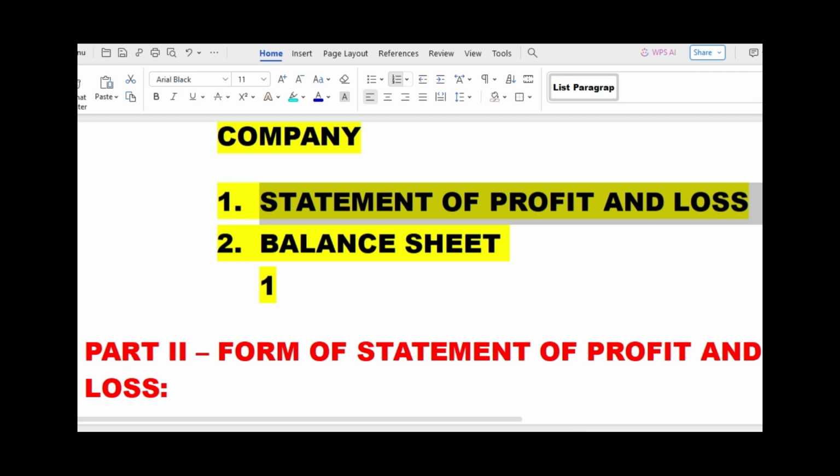company? So on your screen, two statements are there, number one, number two. These are financial statements. Now the meaning is that financial statements are the final product of an accounting process done during the accounting period.